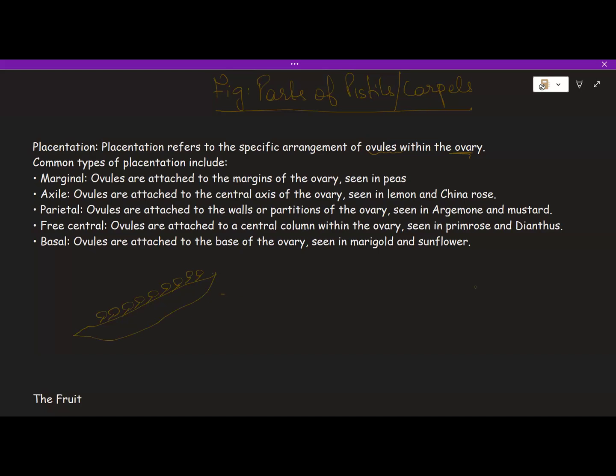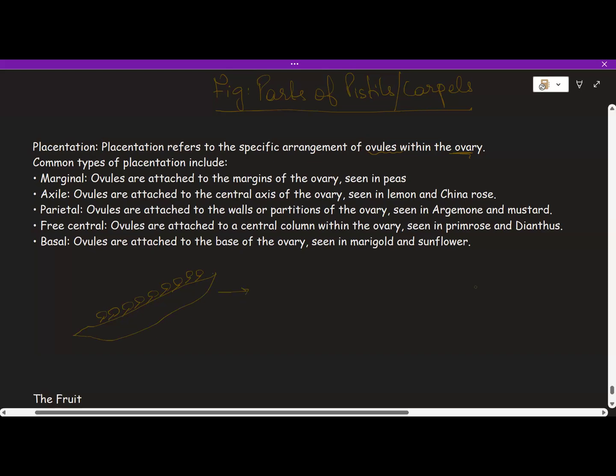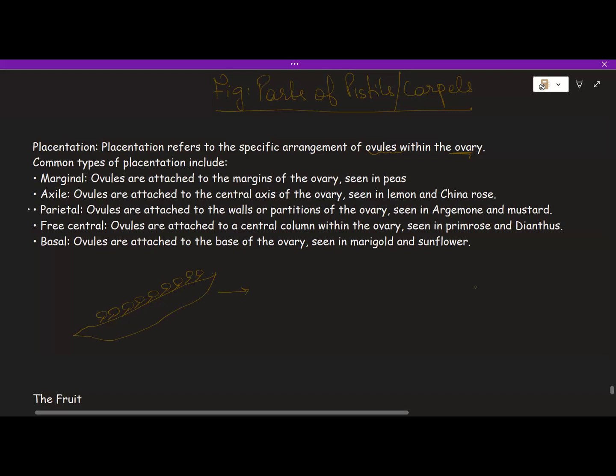So this kind of placentation is called marginal, wherein the ovules are present at the margin of the ovary. So this is called marginal. Is it clear? Any doubts?